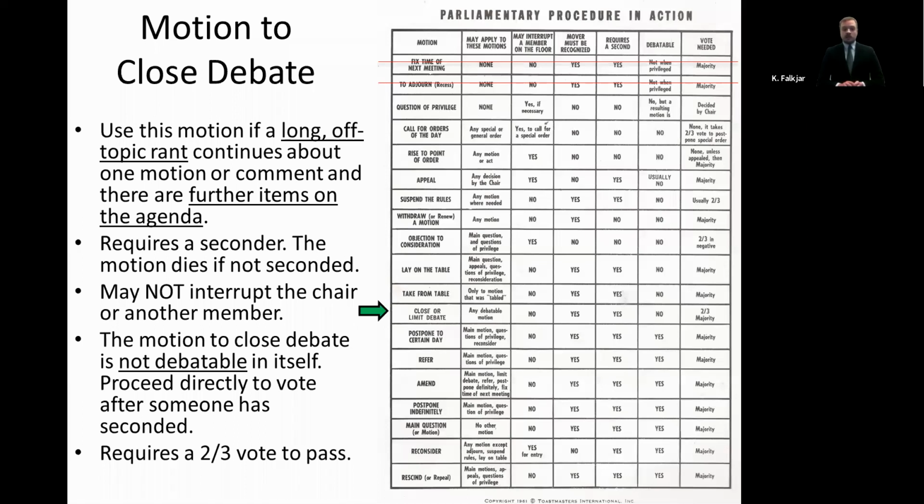That is why said motion needs a 2/3 majority. And once the close or limit debate motion is passed by a vote, then the main motion can be voted on immediately following. The motion to close debate is also not debatable in itself.